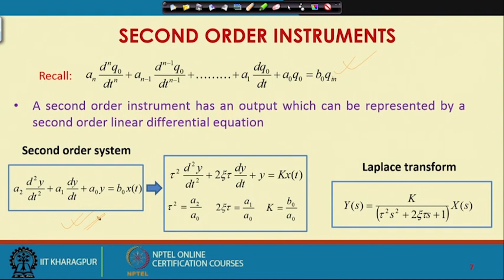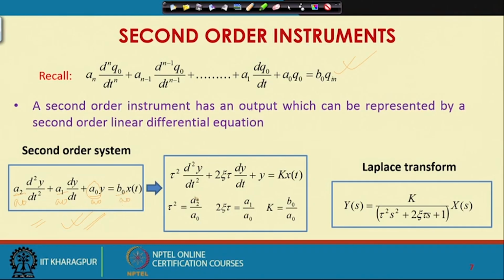As we have done previously, let us divide this equation throughout by the coefficient of the zeroth order term. So, I get A2 by A0, A1 by A0, A0 by A0 and B0 by A0.